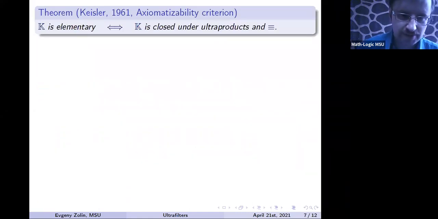This is the fundamental result in model theory, Keisler's theorem, or the axiomatizability criterion. A class of structures of some signature sigma is elementary if and only if it is closed under ultraproducts and elementary equivalence.